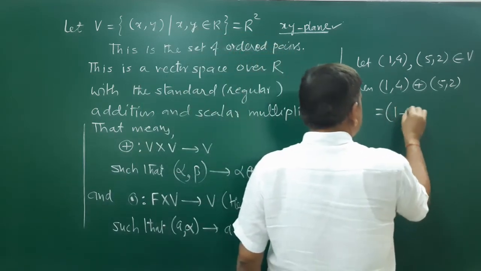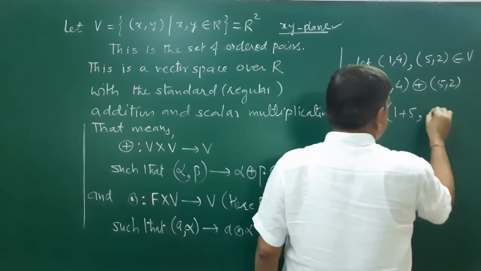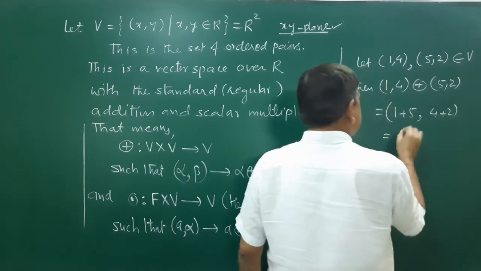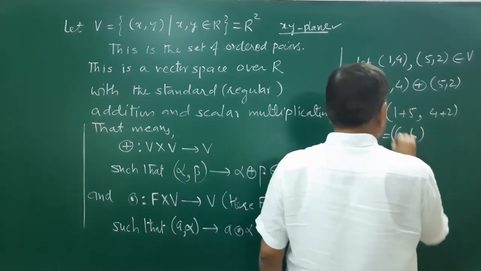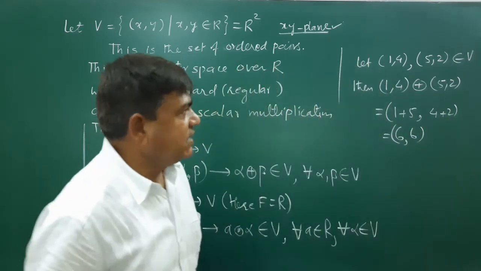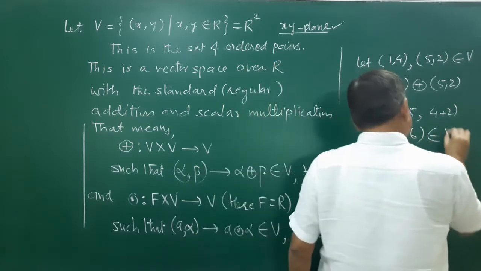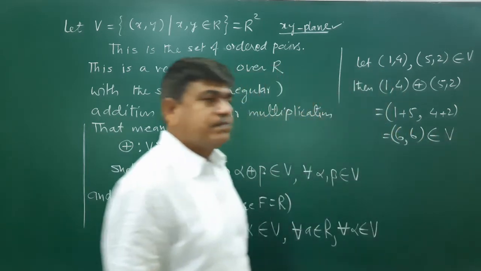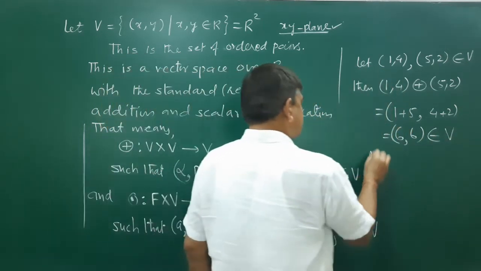So it is 1 plus 5, that is 6, and 4 plus 2, that is 6. So 6 comma 6. Here we are getting this.